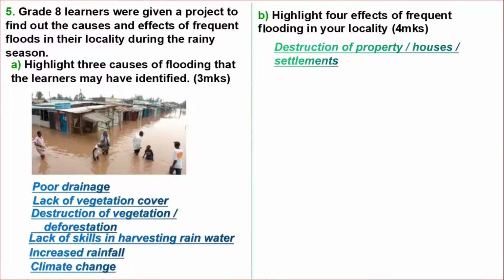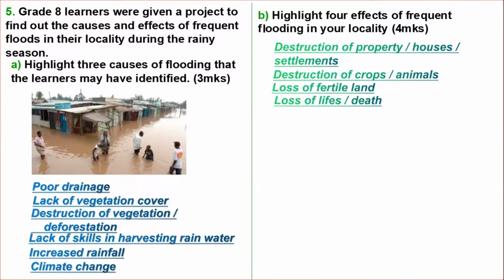So we have destruction of property, houses, settlements, among others. We also have destruction of crops. Even animals can die. We also have loss of fertile land. We also have loss of lives, that is death to both animals and people.